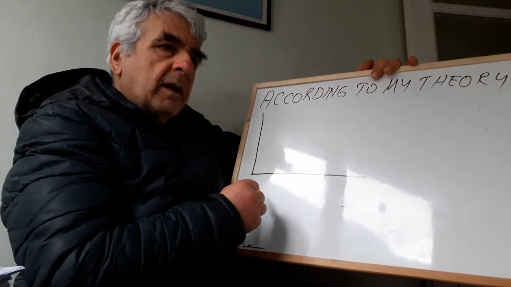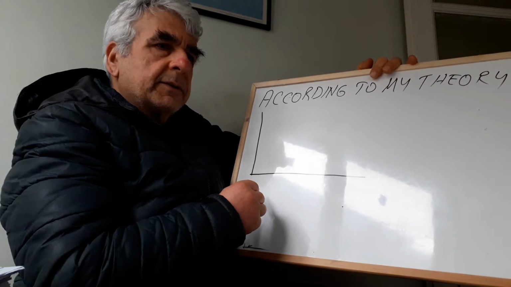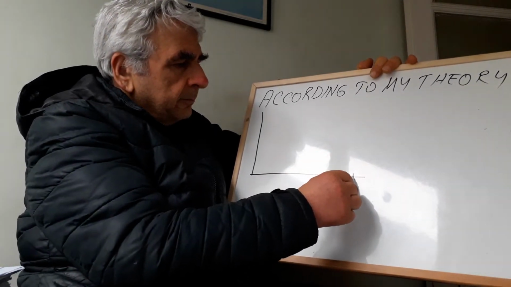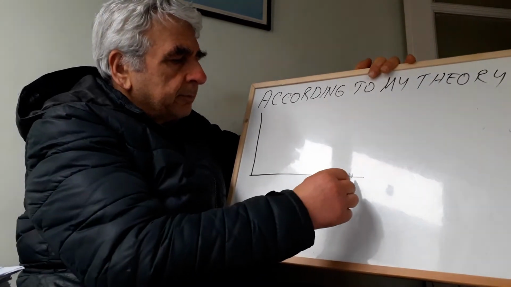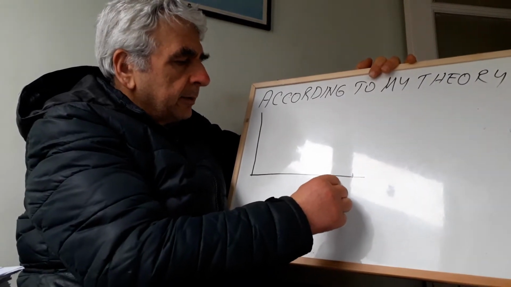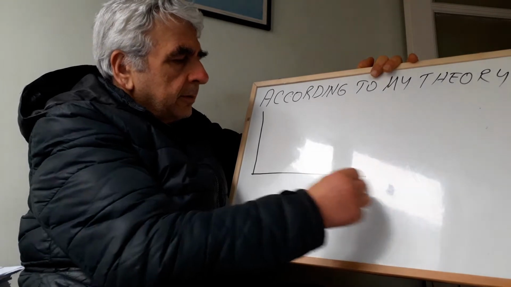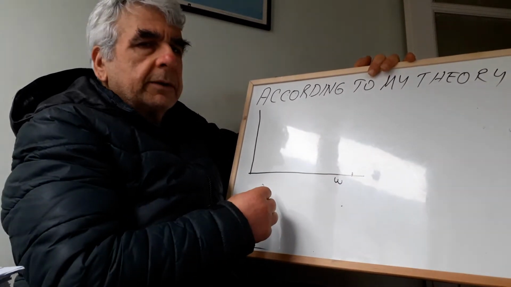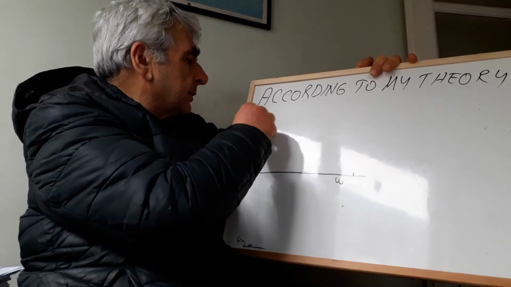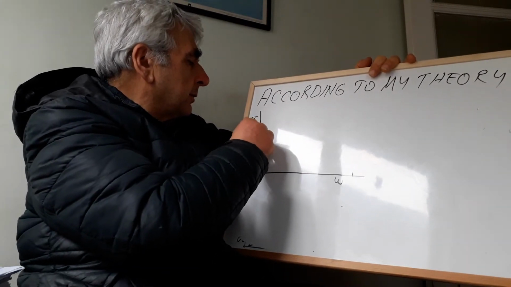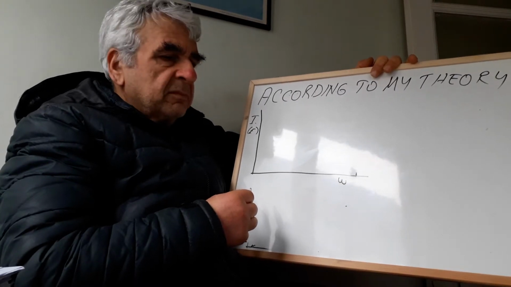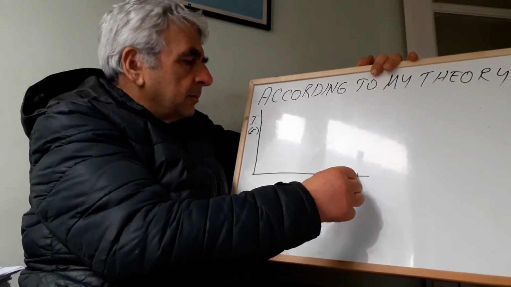Remember the X-ray continuous spectrum. Here is the starting point. This axis is wavelength, this axis is intensity, energy.